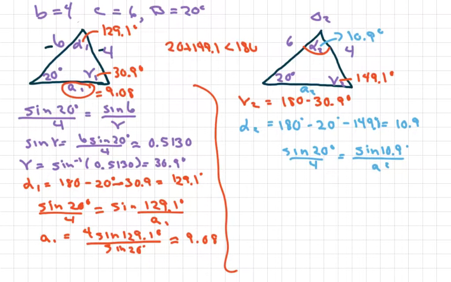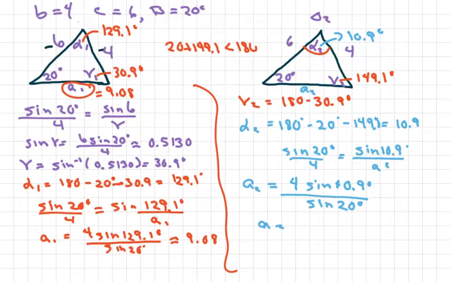And you cross multiply, and you're going to get your third side here is going to be 4 sine of 10.9 degrees over sine of 20. And so my A2 equals 2.21. So right here, this equals 2.21. And that's our two triangles.